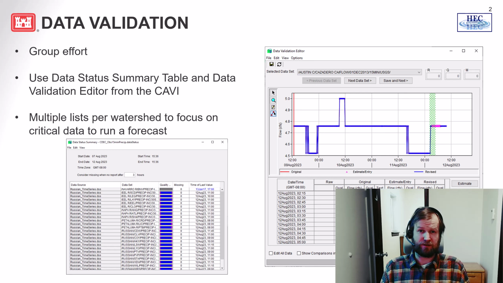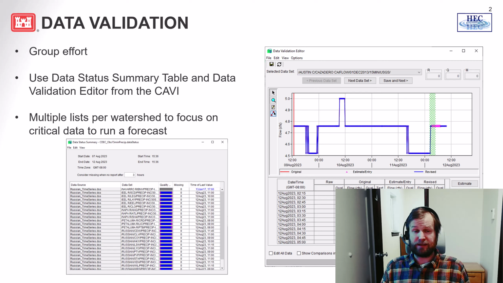The water management office uses data status summary tables and the data validation editor from the CAVI. And there are multiple lists per watershed to focus on just purely the critical data to run a forecast. So it's this set of data that if it's not all there in the morning, the forecast would not run.